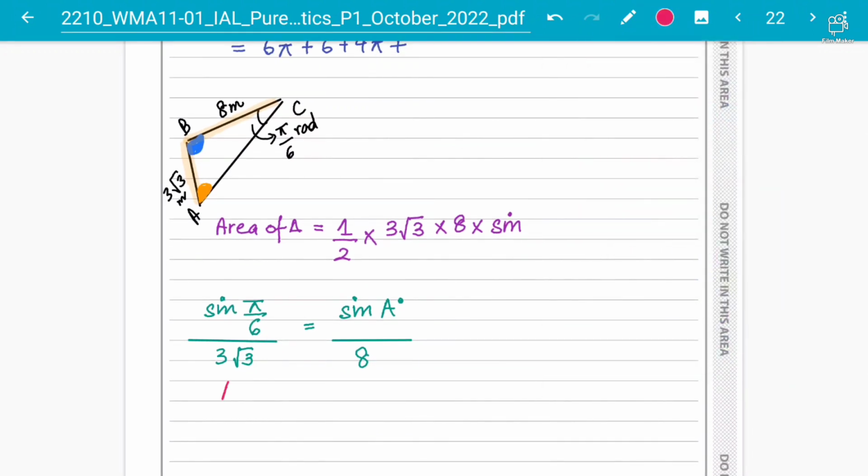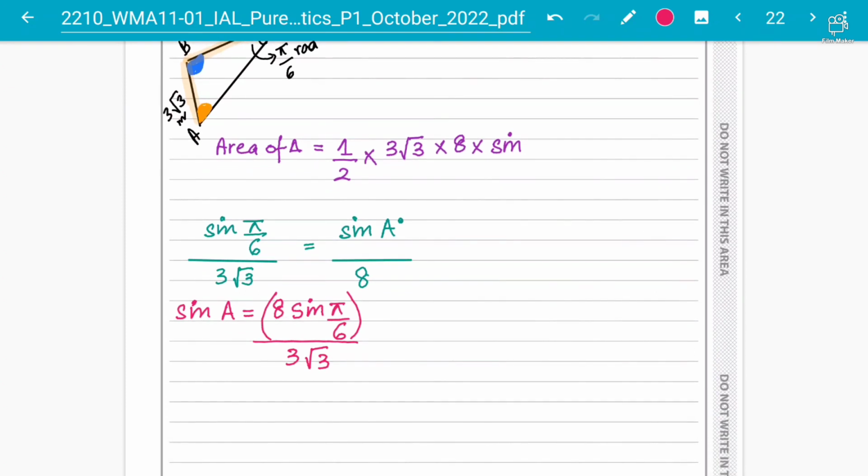It's going to be, I'm going to do it directly, you cross multiply 8 sine pi over 6 and divide this by 3 square root 3, and then I have sine A left. So I'm going to do it first here. 8 sine pi over 6, I'm going to get a value that is 4, and 4 divided by 3 square root 3.